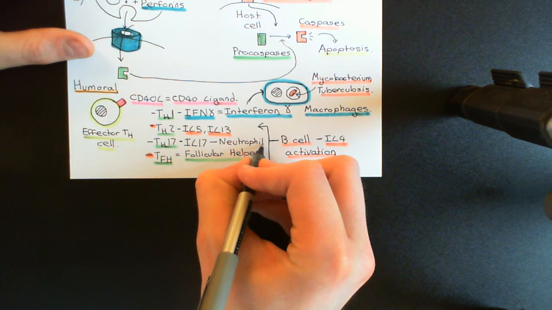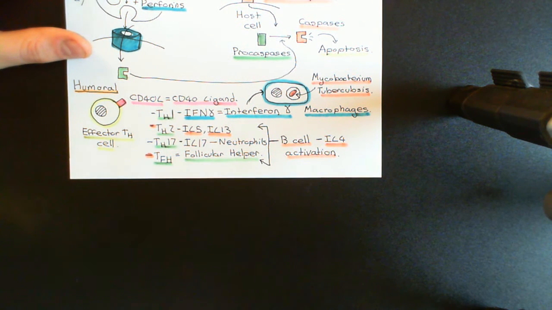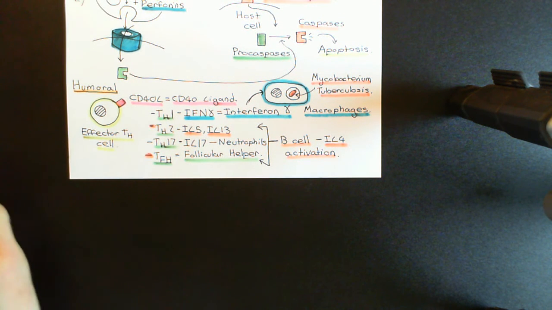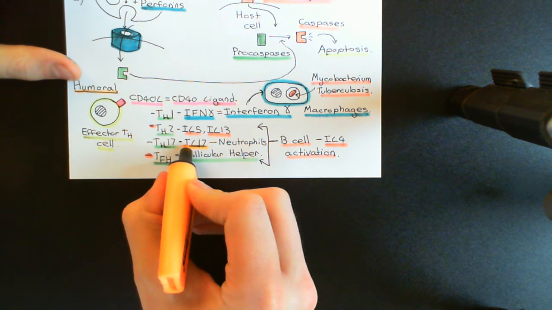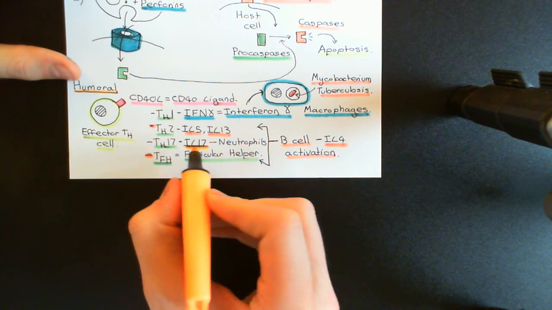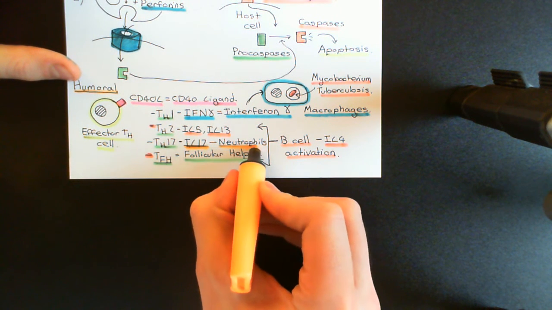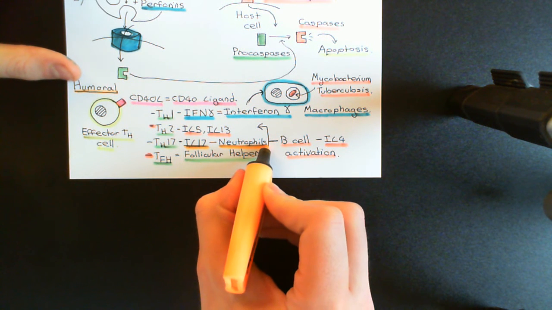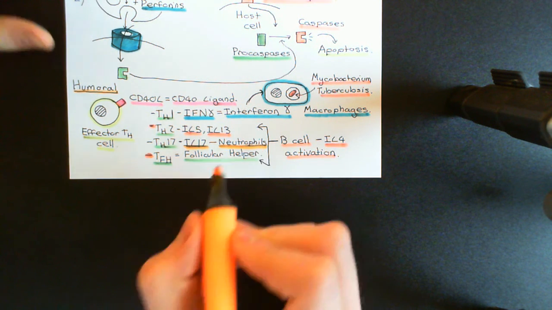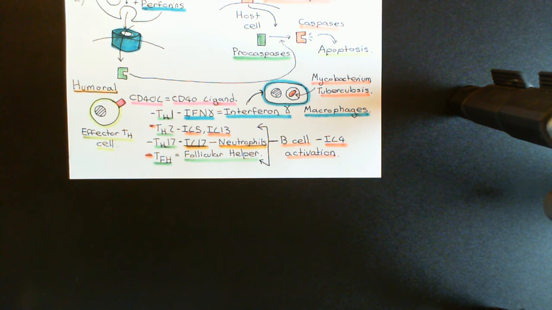Again, the mechanism isn't particularly well understood, but the empirical fact that we know is true is that when you get loads of interleukin 17 produced in a certain area, you end up with absolutely loads of neutrophils being recruited to that area, more than you had ever had before as part of the acute inflammatory response.